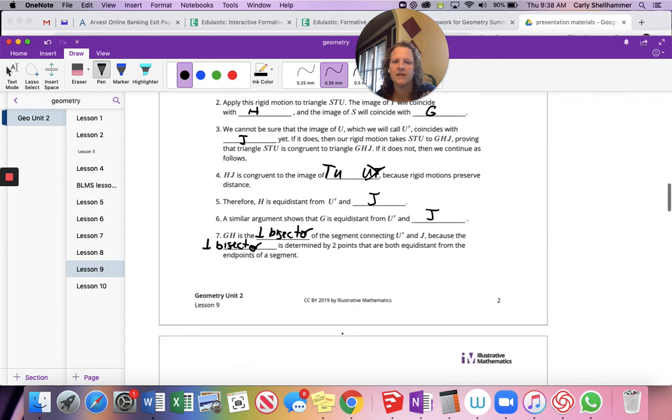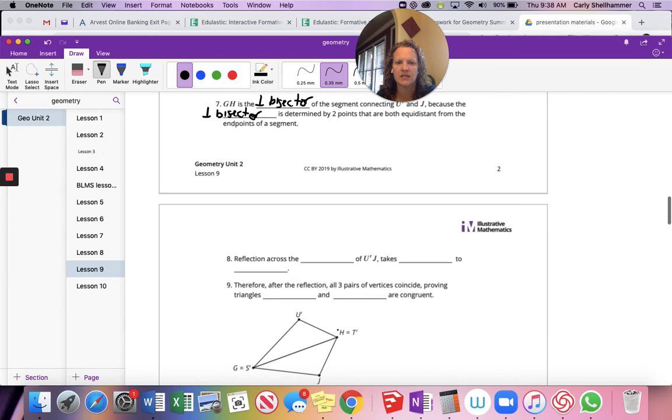Okay, one second and we'll come back. I'm going to finish this first. Reflection across the perpendicular bisector of U prime J takes U prime to J, which it should because those coincide.